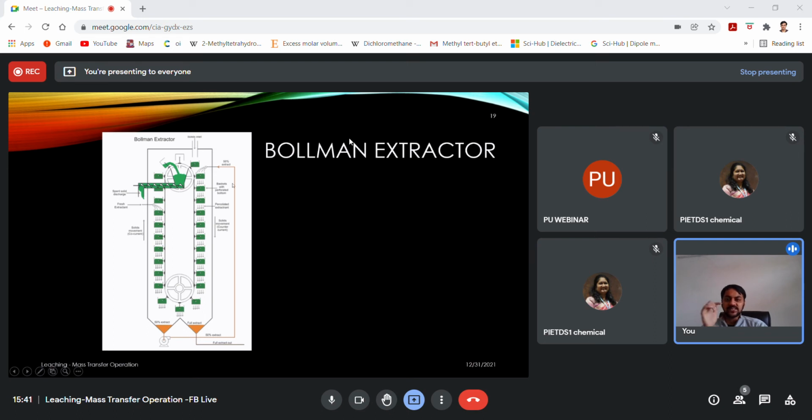From one side used solvent is added, from the other side fresh extractant or solvent is added, right. So one side is fresh solvent, where the solid is already leached out, so there is less amount of solute. But from the right side there is 50% extracted solvent which has some amount of solute in it, that needs to be used with the fresh solid.